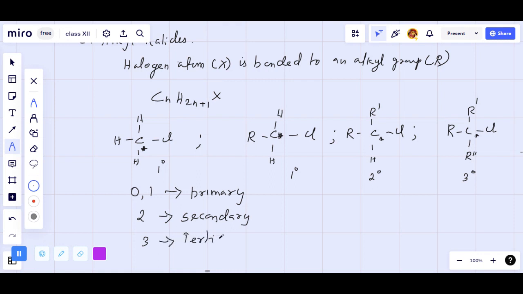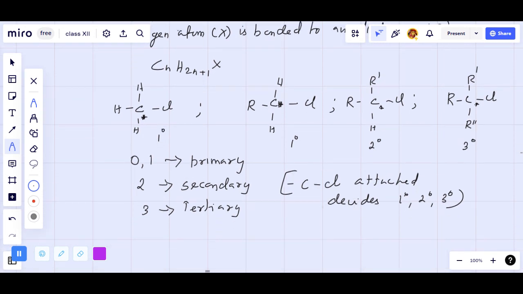So the C-Cl star carbon decides whether the compound is primary, secondary, or tertiary. So this is the first classification, alkyl halides, which are again classified as primary, secondary, and tertiary compounds.